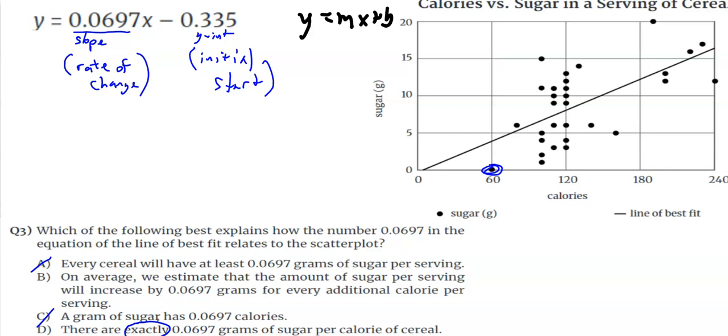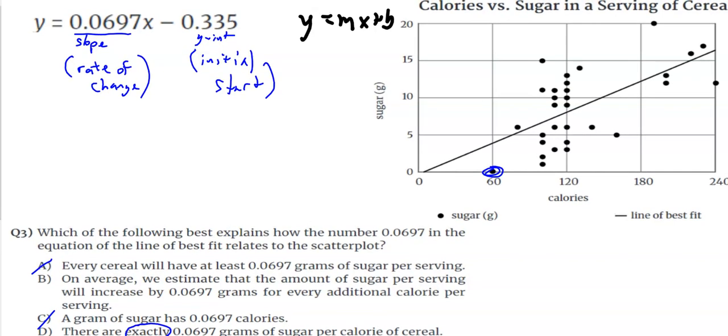We don't talk in those kinds of terms when you're a statistician. I really don't like that, because we're just using this line to predict. If you've ever made a prediction, it's not an exact science. We're not positive our prediction will be exactly right. We're just trying to make the best prediction we can based on data. And so I just don't think that's exactly true, again because 60 calories and 0 sugars doesn't make sense there.